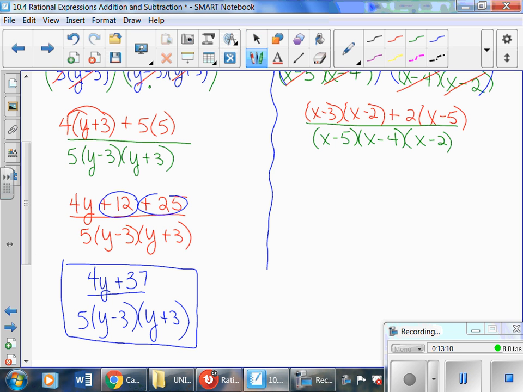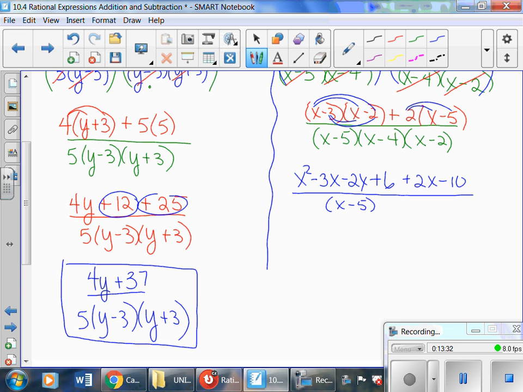So using distributive property, I get x squared minus 3x minus 2x plus 6, that's this one, plus 2x minus 10, all over our common denominator, which is x minus 5, x minus 4, x minus 2.